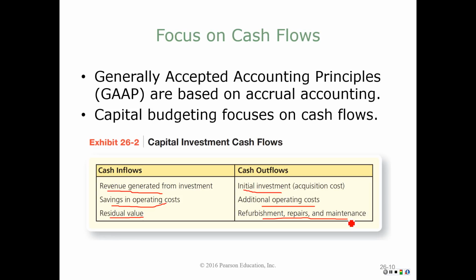So as we are going through our analysis, we're going to look very strongly at cash inflows and cash outflows. This will help us to determine the payback period. It will also help us when we're trying to determine the present value or the future value of the cash flows that I'm going to incur in this process.